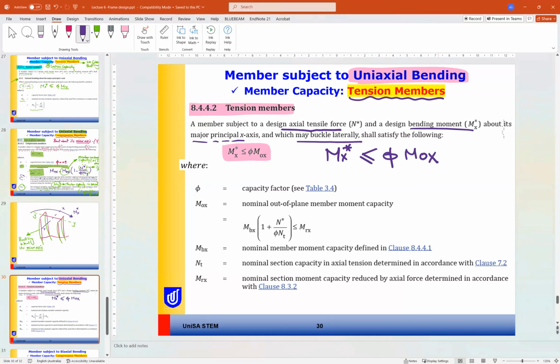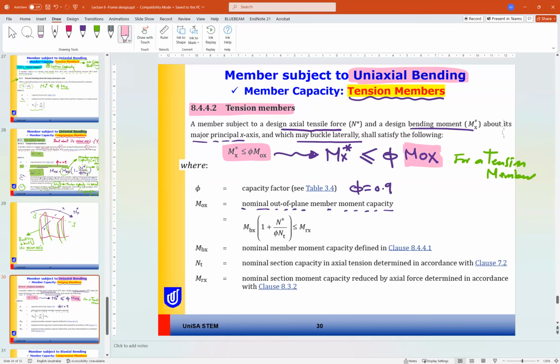So here, same formula, but the difference will be what is MOX for a tension member. In this case, again, phi equal to 0.9. MOX is the nominal out of plane member moment capacity for a tension member.